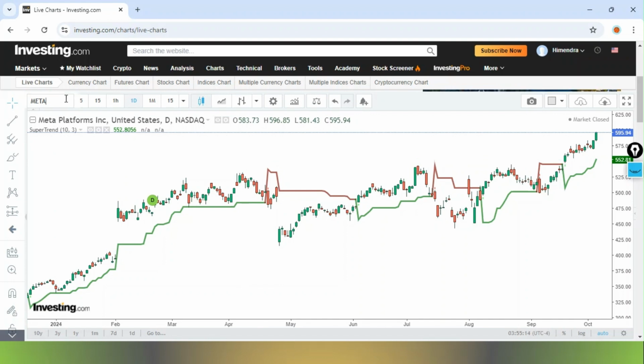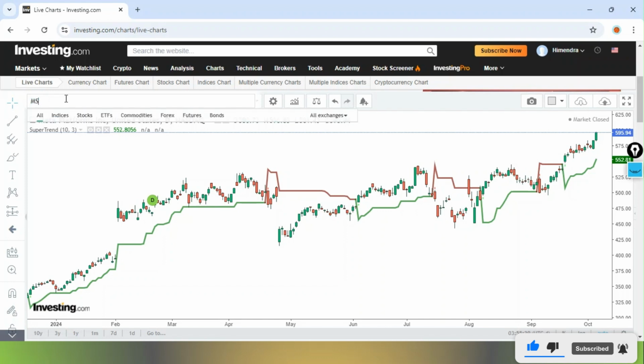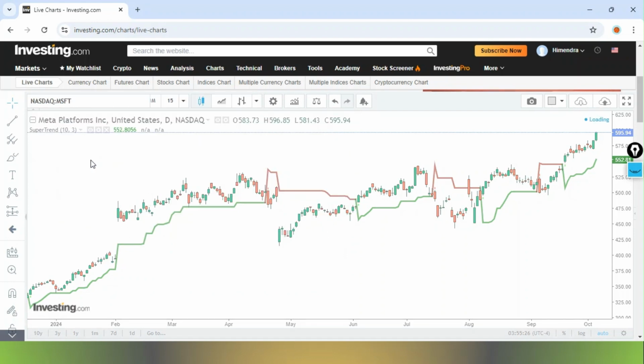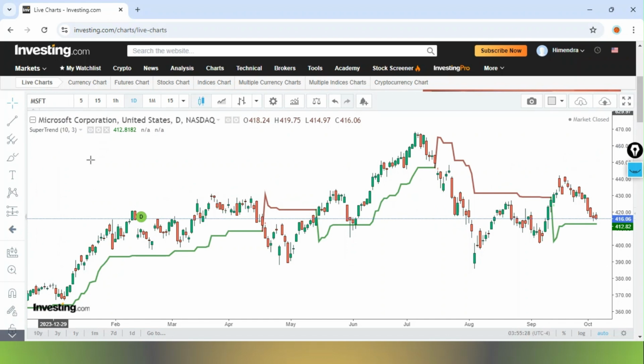Let's take another example of Microsoft. Microsoft gave a breakout at $425 and it is currently trading close to the stop loss value, which is 425.